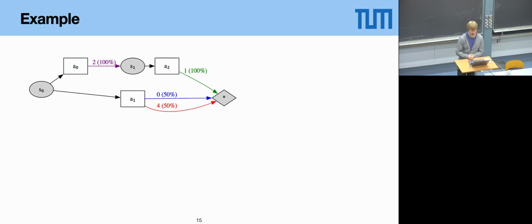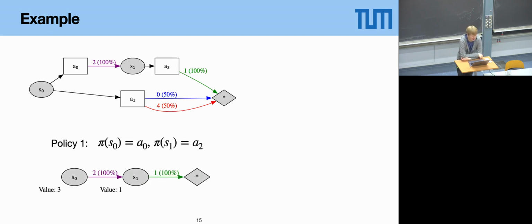So let me make it a little bit clearer now what these values are. Let's revisit this Markov decision process that you just saw. What would be the values for these two states? As I said, in order for this value definition to make sense, we first have to fix a policy. So let's fix a policy and say in state S0 we choose action 0. That means we move along the top path in this problem.